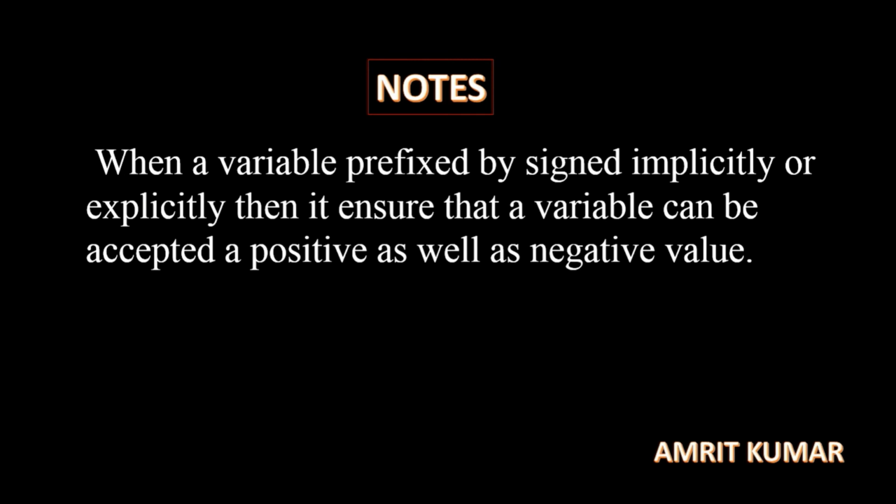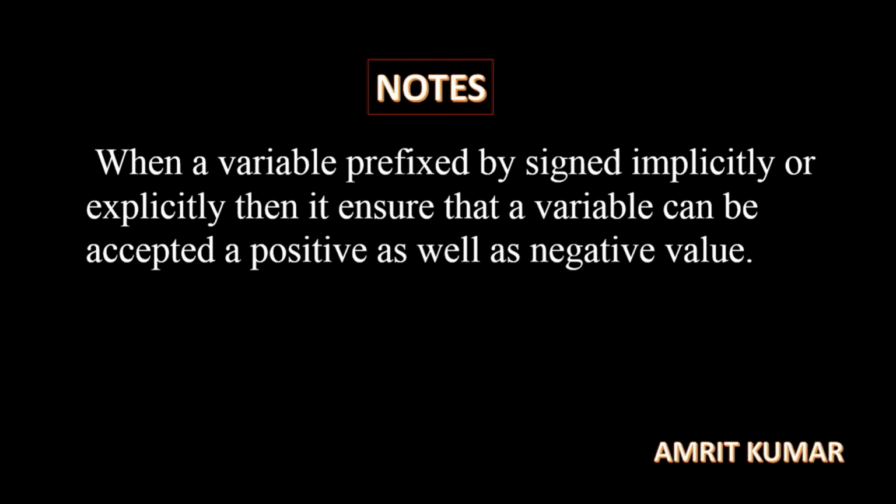And in the next point, when a variable is prefixed by signed implicitly or explicitly, meaning either you define it or the system defines it, then it ensures that the variable is going to accept a positive as well as a negative value. So this is what we have studied about signed used with char.